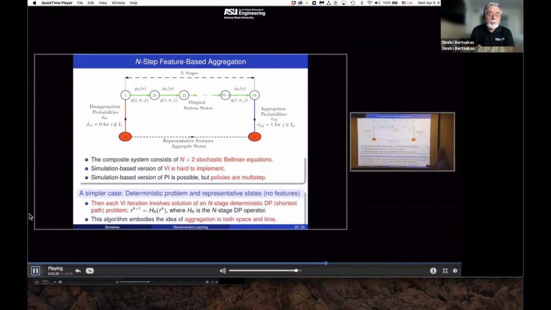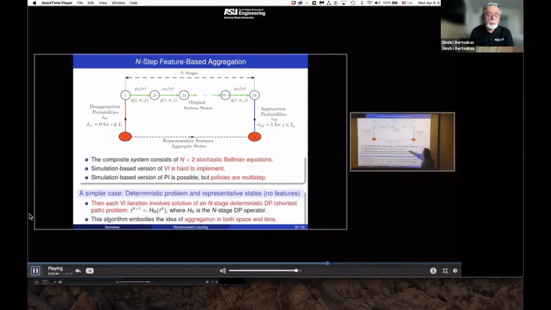So now if you look at this algorithm here, it involves aggregation in space, because I'm looking at a small subset of states, the representative states, but also it involves aggregation in time.